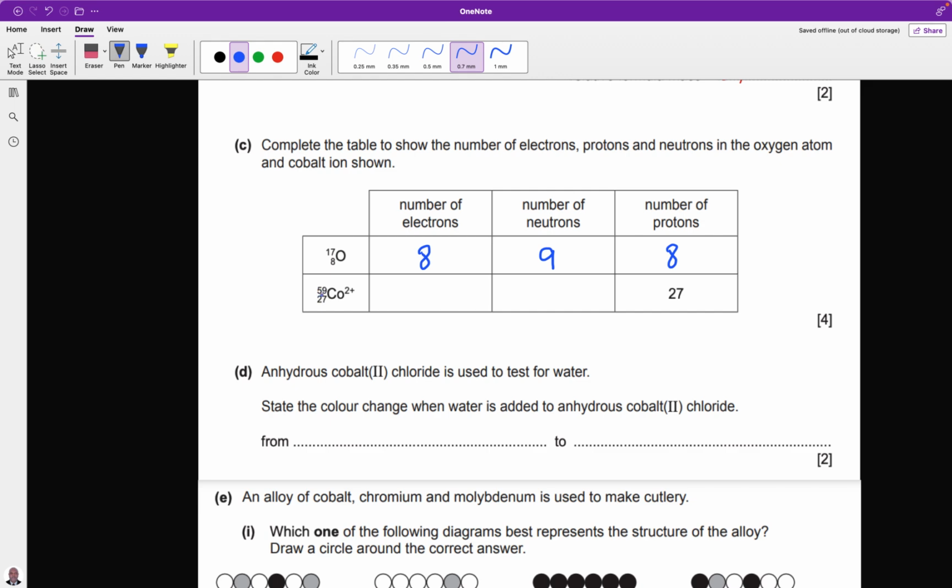Since 27 is the proton number, the number of electrons is supposed to be 27, but the 2+ charge shows that 2 electrons have been lost. If 2 electrons have been lost from 27, how many electrons are now left in this ion? 27 minus 2, which will be 25.